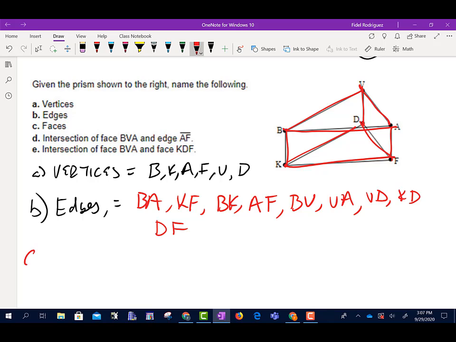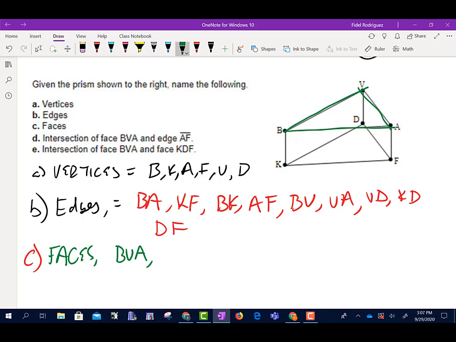Okay. And let's do part C, which says, let's find our faces. So we're going to now find the faces. Okay. So let's do the top face. BVA. Okay, let's do the bottom one, KDF. Okay, let's do this one right here in the front, BAFK.